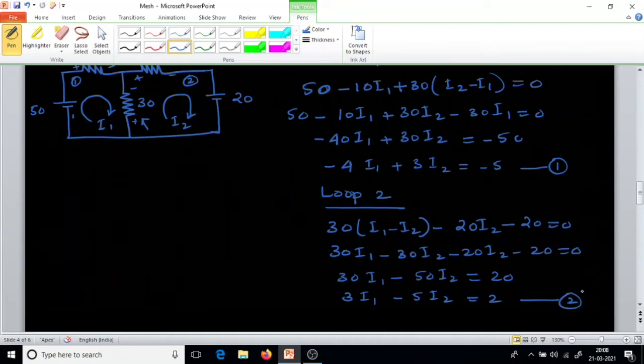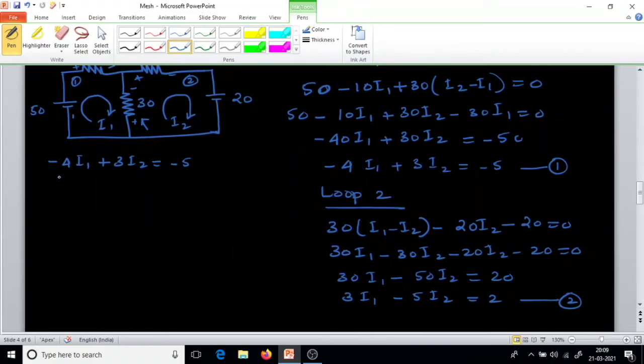Now we'll solve these two equations and get the current through the 30 ohm resistor. The first equation is minus 4I1 plus 3I2 equals minus 5.